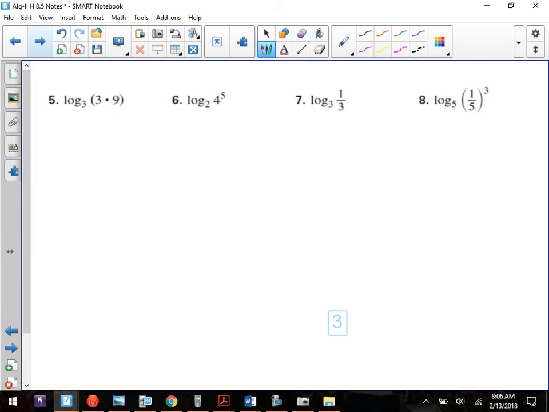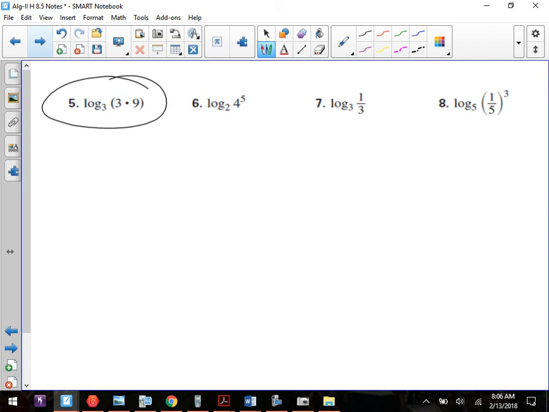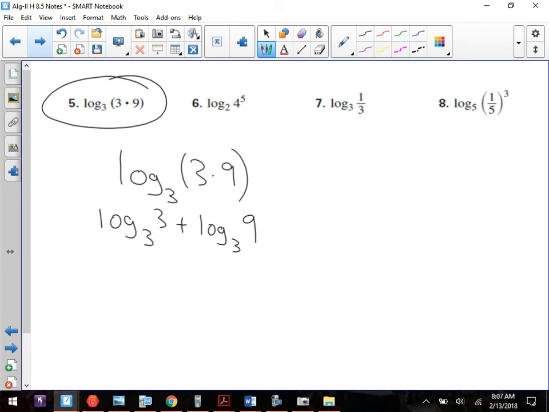So if I want to take log base 3 of 3 times 9 and expand it, since it's multiplication, I'm going to add 2 logs together. So I get log base 3 of 3 plus log base 3 of 9.